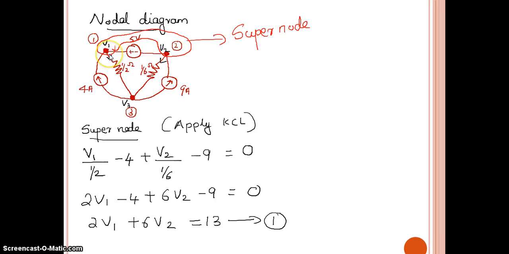So V1 minus V2 is 5 volt. See, V1 this is plus and towards V2 the minus. So this I can treat as equation number 2. So we got two equations. Now we only need to solve these equations.